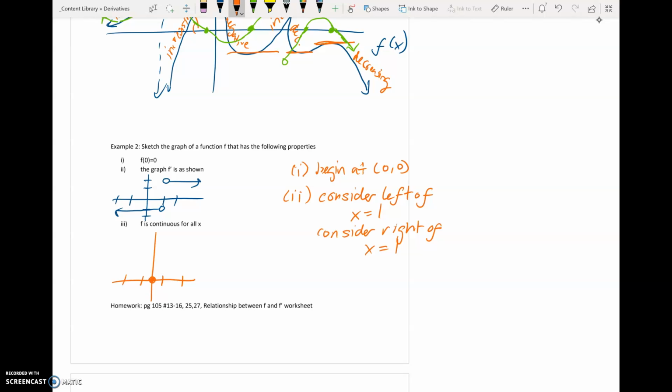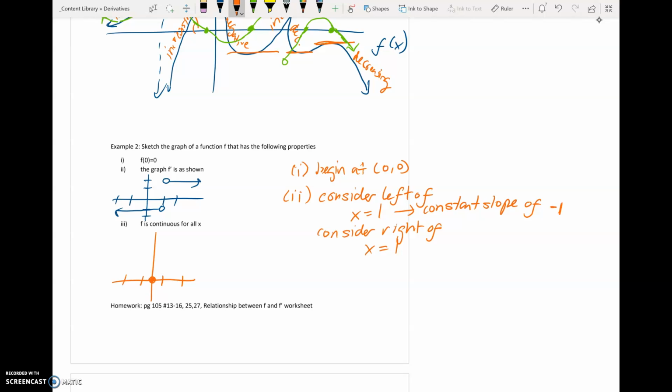So when we consider the left of x equals 1, looks like our y value is -1, which means we're going to have a constant slope of -1, because this is our f prime graph.